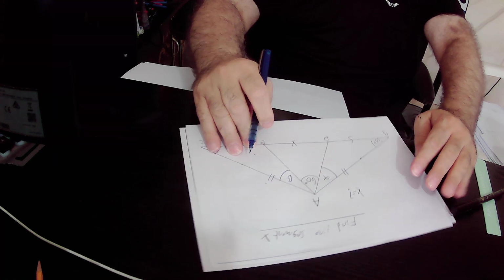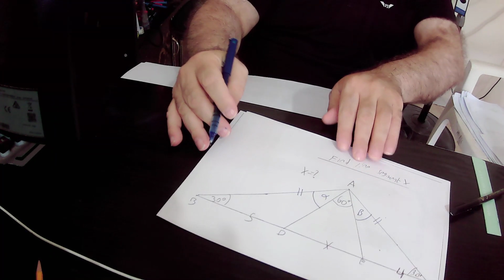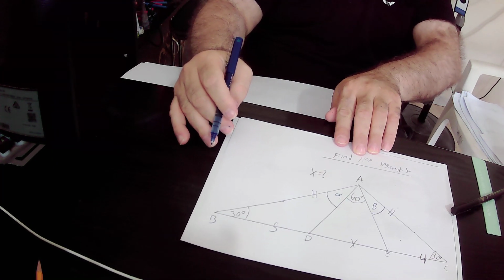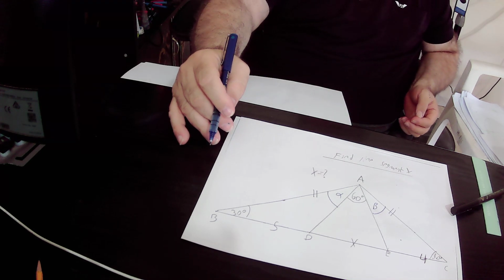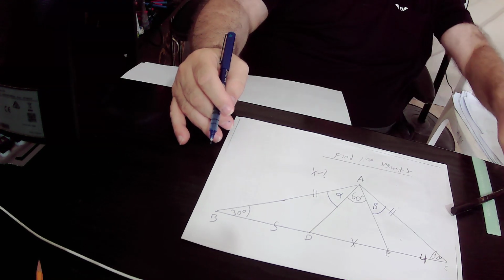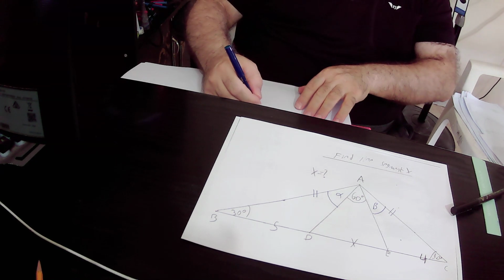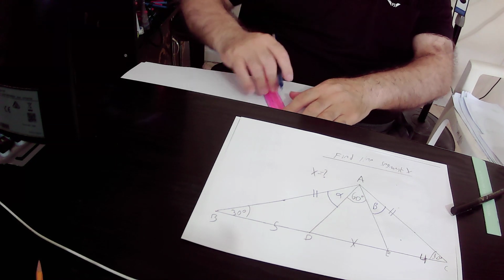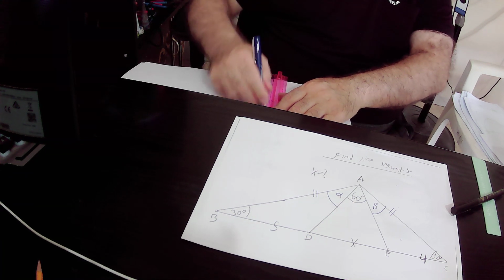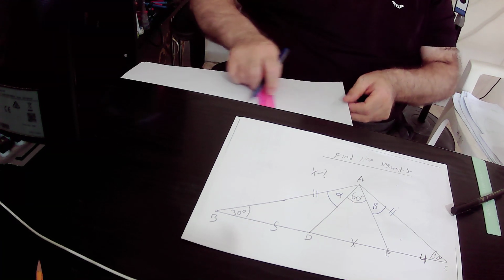So we know that the sum of the angles in any triangle, and especially in triangle ABC, is equal to 180 degrees. So which angles do we have in triangle ABC?